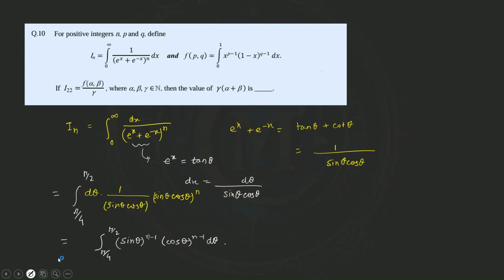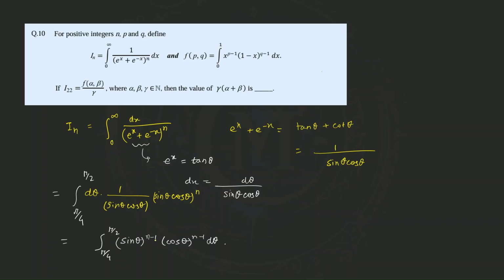Now we have to convert this integral into this form. We already discussed this is related to the sine square theta form. If we put x equal to sine square theta, we can convert this integral into this form. So we may try using t equal to sine square theta type of substitution in this integral I_n. So let us do this first.